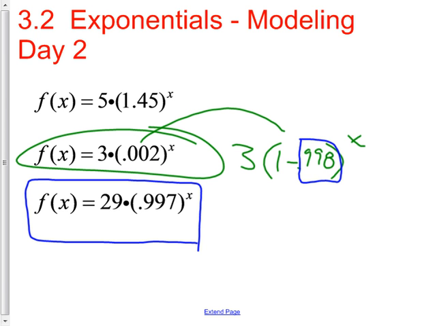So rewrite this as 1 minus something. One minus what? 0.003. Is that 3%? No, it's not. What is it? 0.3%. See how easy that would be to goof up?